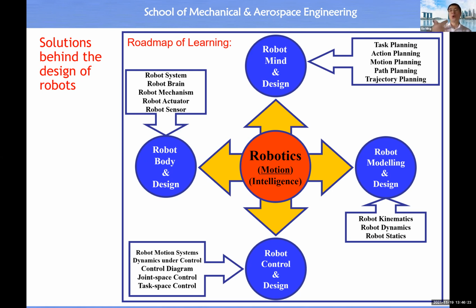All right, you can also call it a robot's mind. And the key takeaway from module 2 is the knowledge which will enable you to design the physical body of your robot. And the key takeaway from module 3 is the knowledge which will enable you to design a digital twin of your robot, or simulator of your robot, or simulation of your robot.